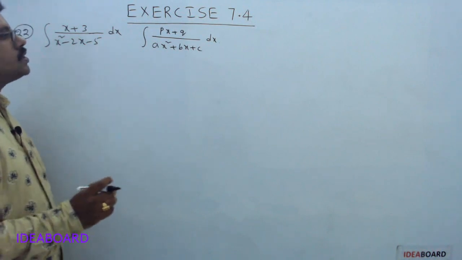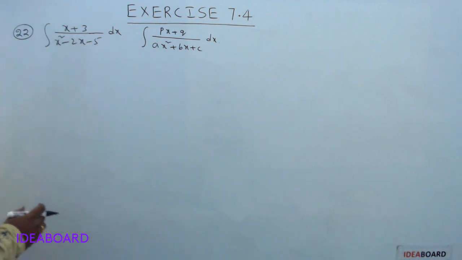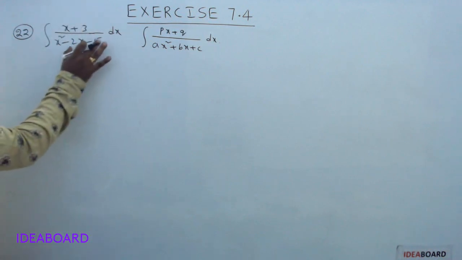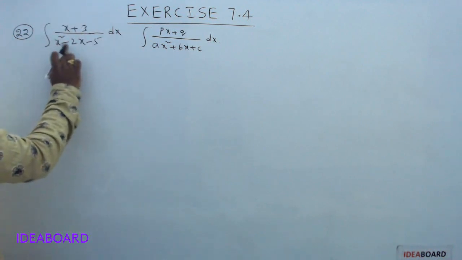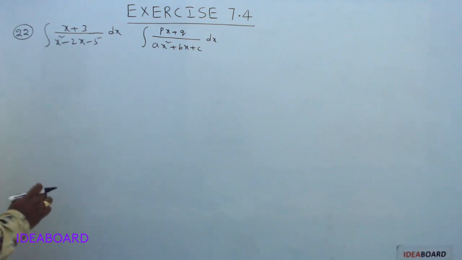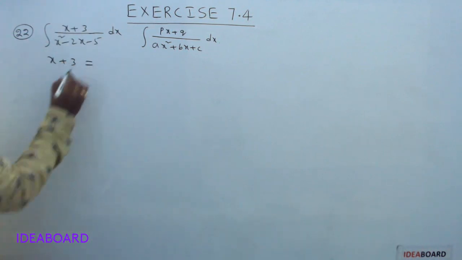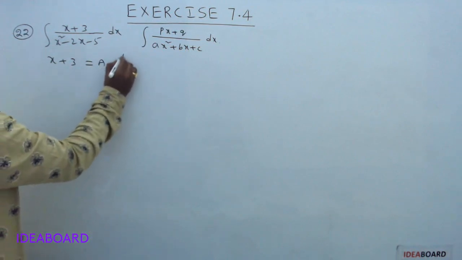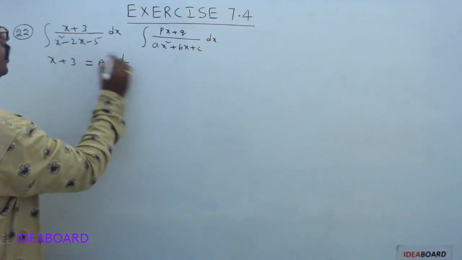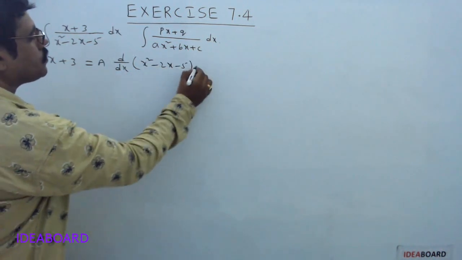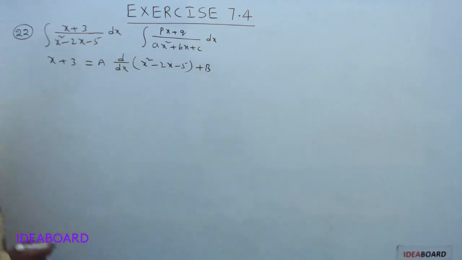So you apply that procedure on your given problem. Here px plus q is x plus 3, ax square plus bx plus c is x square minus 2x minus 5. So this x plus 3 can be expressed as a into derivative of x square minus 2x minus 5 plus b.